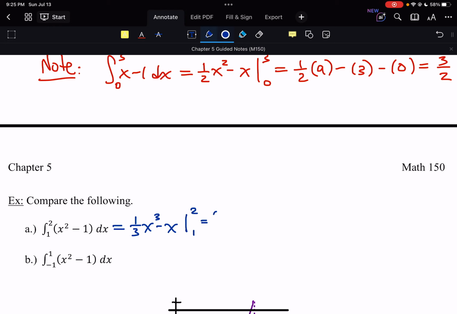So that is 1/3 times 2 cubed, which is 8, and then minus 2, minus 1/3 times 1, minus 1.